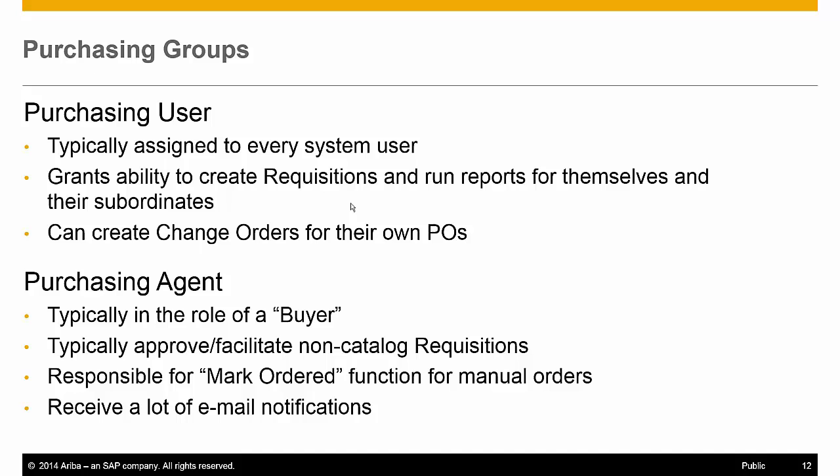So that's a very important function of purchasing agent as well, to deal with those manual suppliers that are not enabled on the Ariba network. And as I mentioned earlier, this particular group receives quite a lot of email notifications just by the nature of their role.